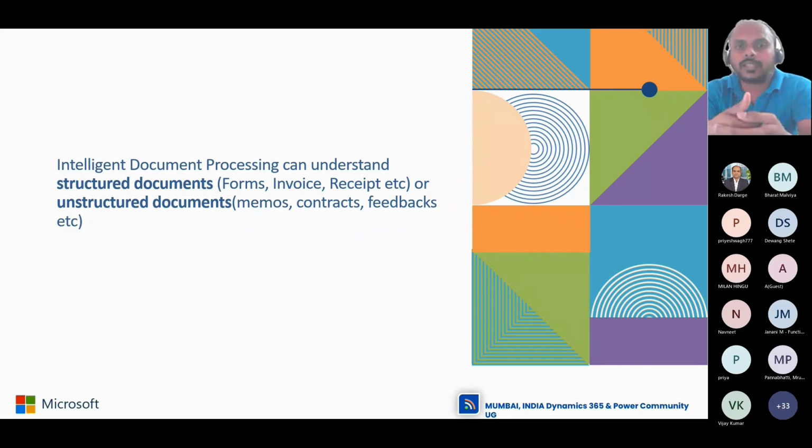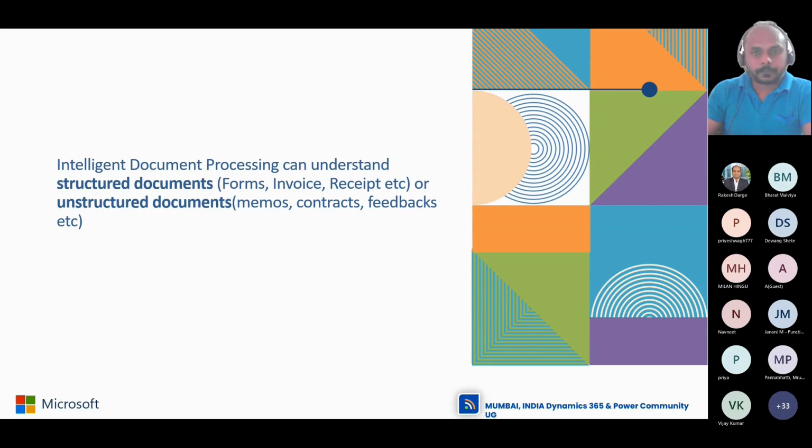So those we call structured data, as well as unstructured data like contracts, memos, feedback, or any other unstructured documents. We can also process them. So this AI tool provides us the capability to process both kinds of data. We can even create our custom models based on both structured and unstructured documents.